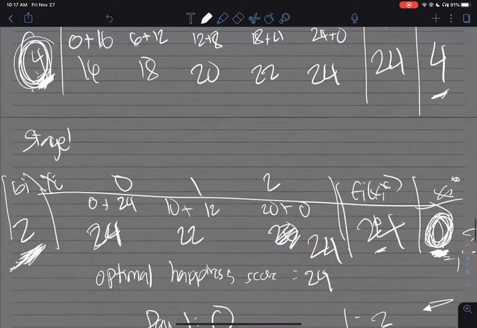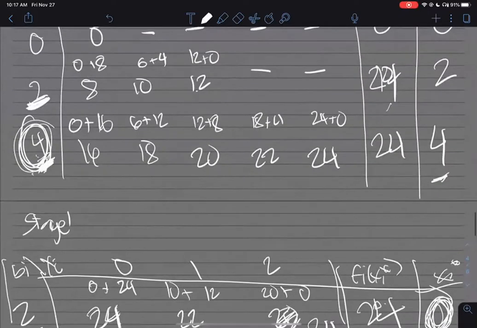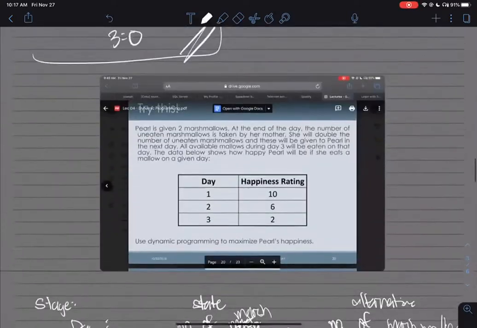Kung from stage 1 to stage 2, hindi mo naman madadaanan yung other state. Therefore, hindi siya magiging optimal. The table is just there for us to solve. It guides us to get the optimal solution. It doesn't mean that each state will be the optimal solution. Follow? Okay po. Thank you, sir.